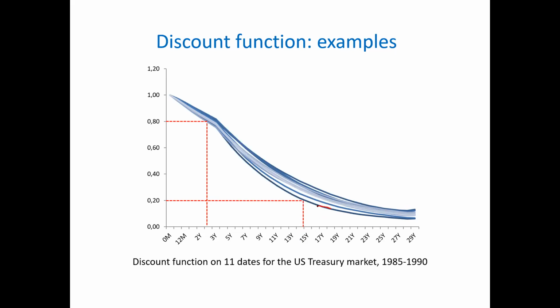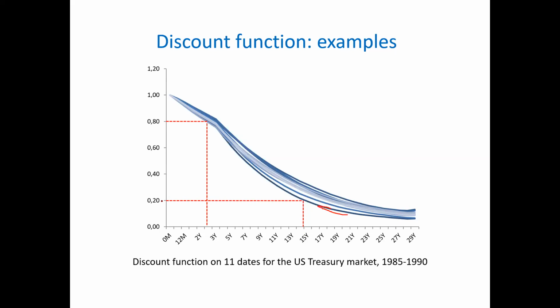If I look at this discount function, I really don't know for what date it is built. But if I ask you what the discount price is for a 15-year maturity, you immediately tell me it's going to be something about $0.20, which is 20 cents.